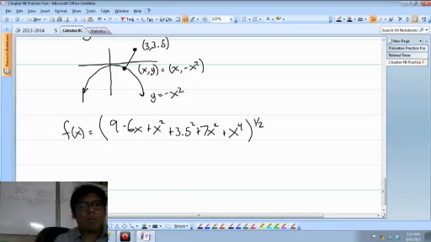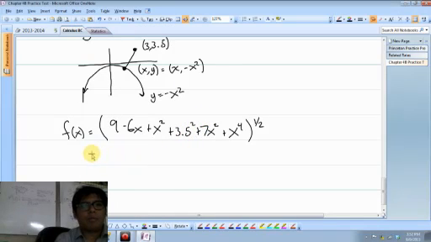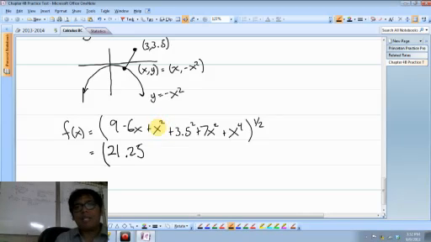What is that? This is 3.5 squared. 21.25. Let's combine all the x's. Plus 8x squared.